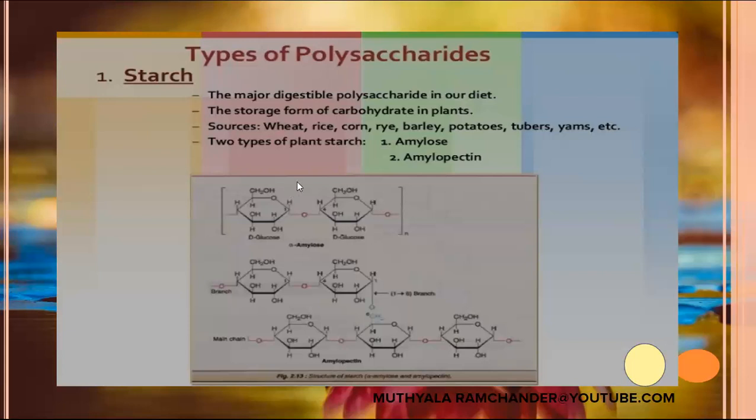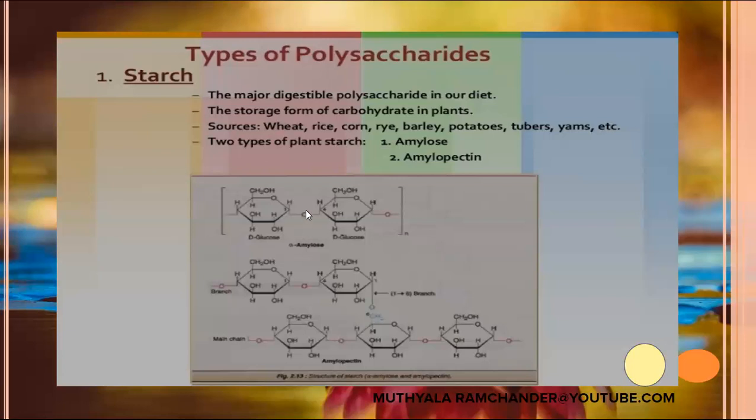Starch gives dextrins during incomplete hydrolysis. Dextrin is used as an adhesive and for feeding infants because it is easily digestible.